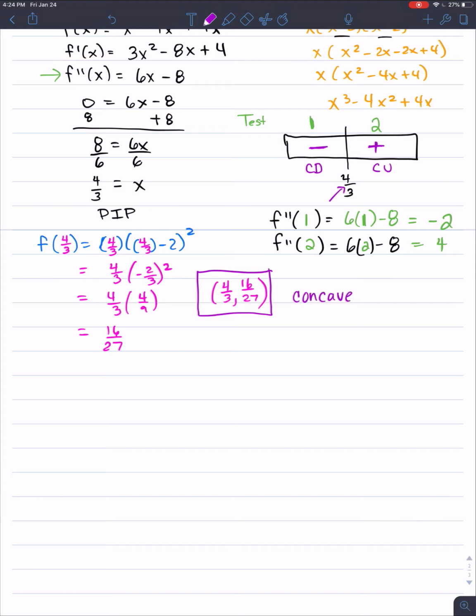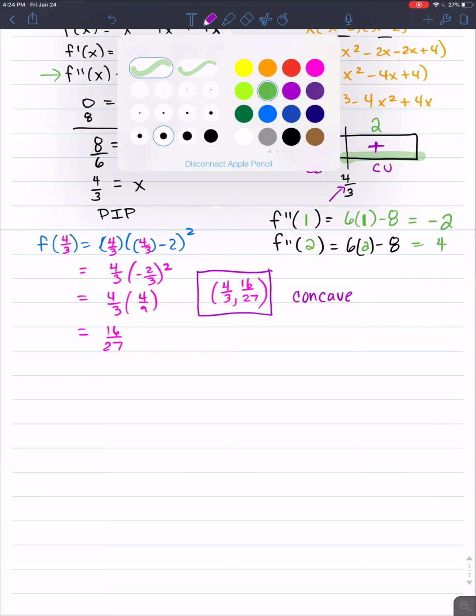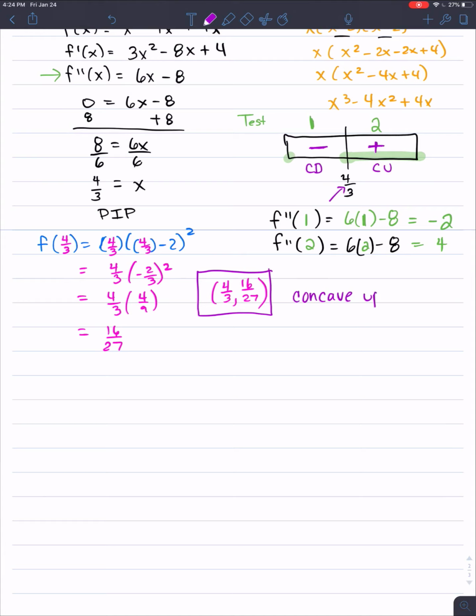Concave up is from 4/3 to infinity, the ordered pair on the interval. And concave down is, let's see, when we come up here, it's going to be from negative infinity to 4/3.